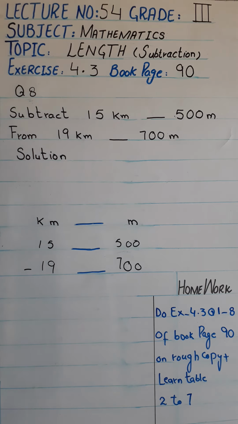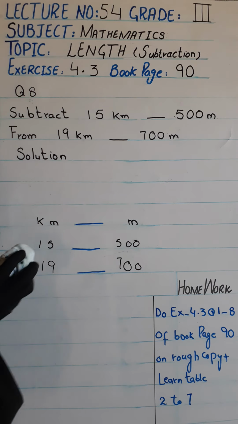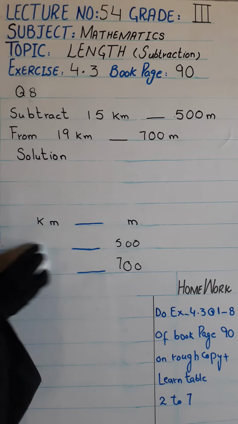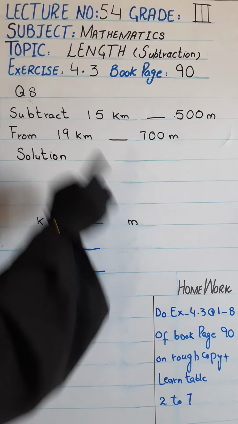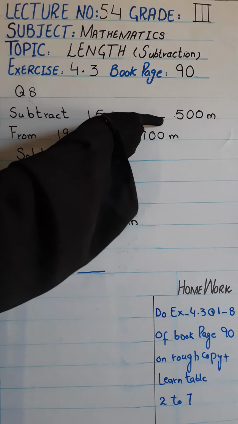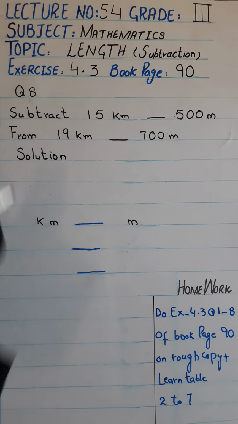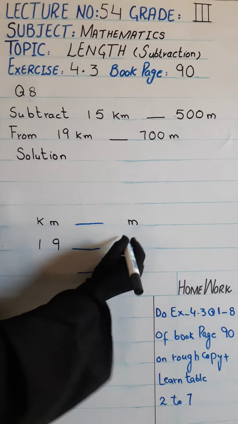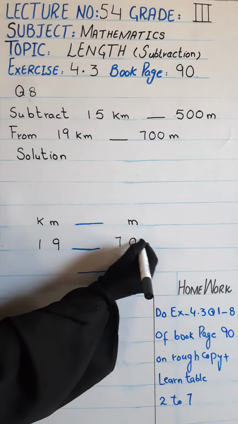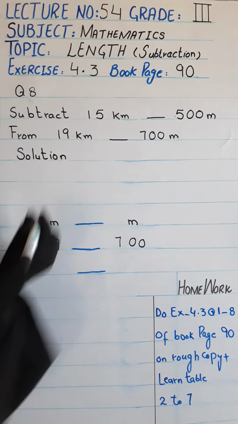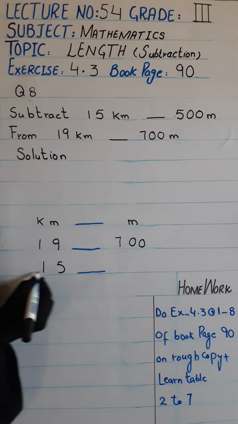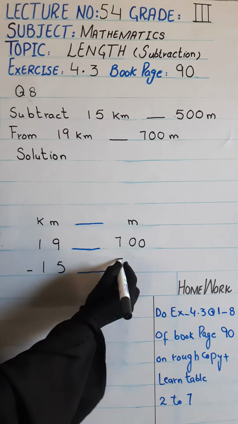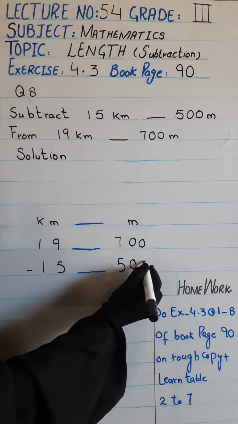You can't. So this point is cleared: you write the lower number first, and from this number you subtract the upper number. So we arrange the question as 19 kilometer, 700 meter, and we subtract 15 kilometer, 500 meter.